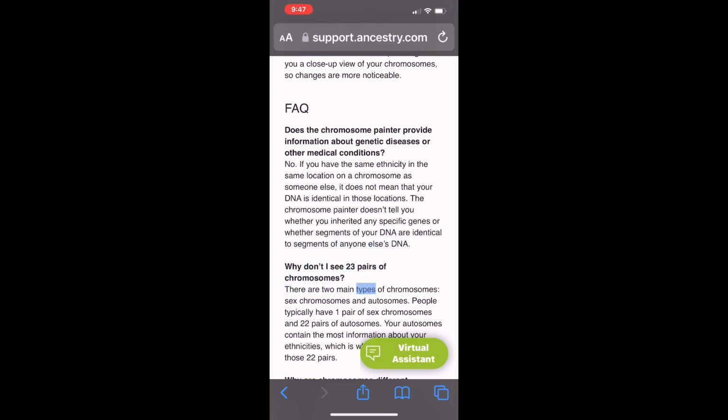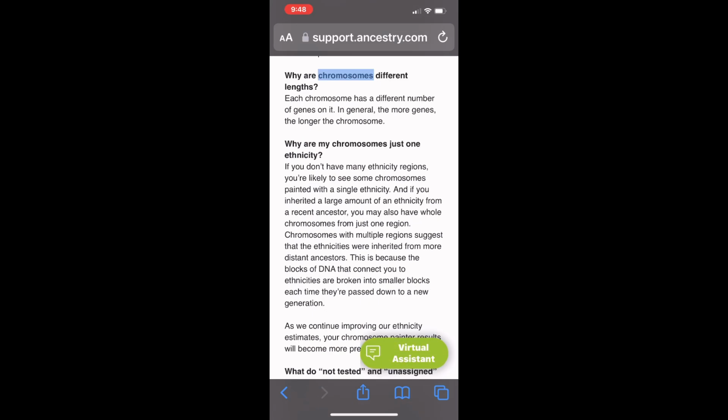There are two main types of chromosomes: sex chromosomes and autosomes. People typically have one pair of sex chromosomes and 22 pairs of autosomes. Your autosomes contain the most information about your ethnicities, which is why we're showing those 22 pairs. Why are chromosomes different lengths? Each chromosome has a different number of genes on it. In general, the more genes, the longer the chromosome.